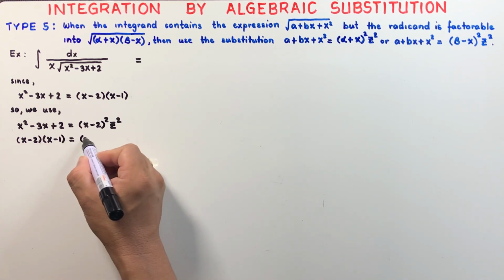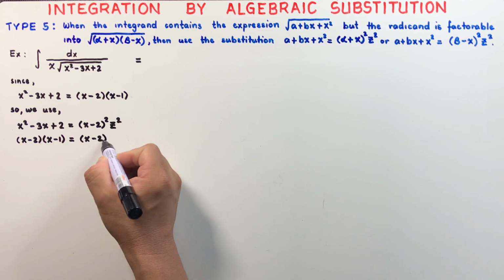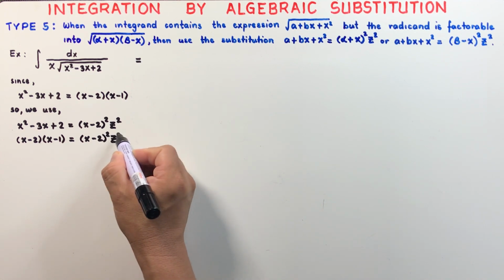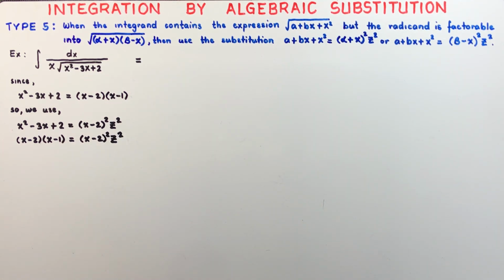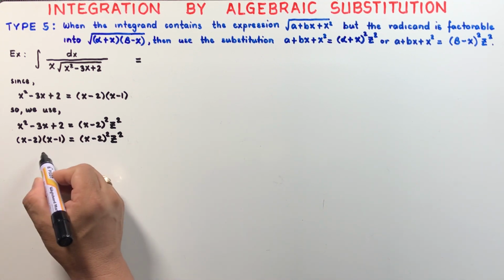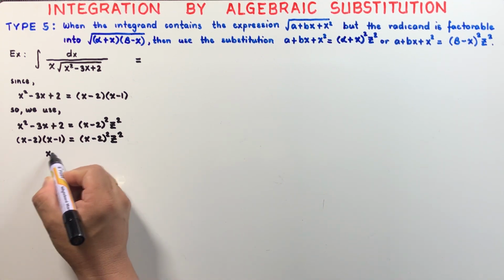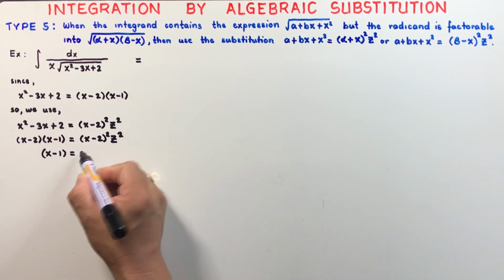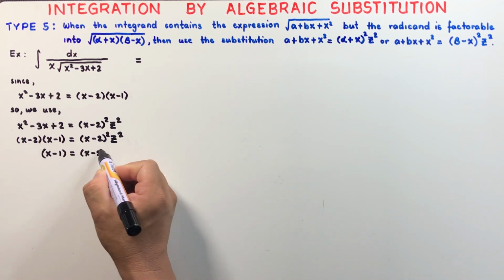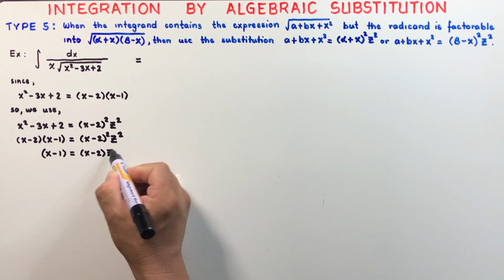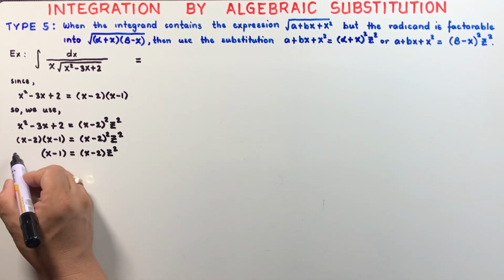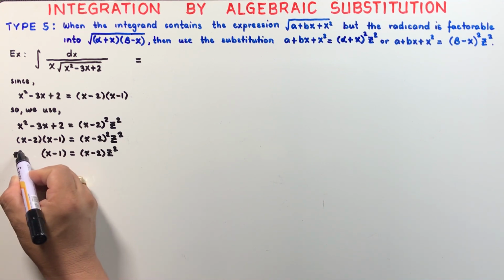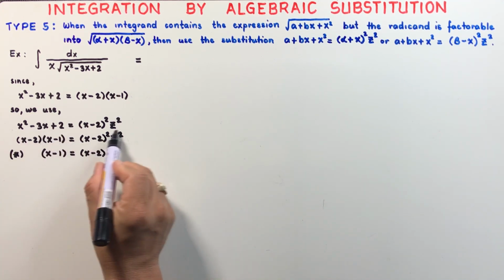So this is equal to x minus 2 quantity squared times z squared. And we see here common factors from both sides of the equation. So dividing both sides of the equation by x minus 2, what remains is x minus 1, which is equal to x minus 2 to the power of 1 times z squared. So this is the simplified form of our substitution here.